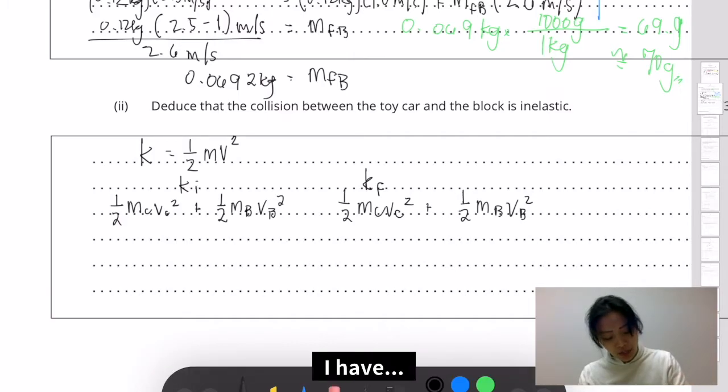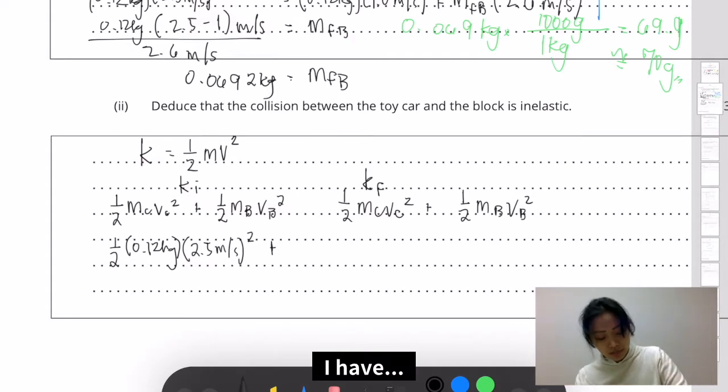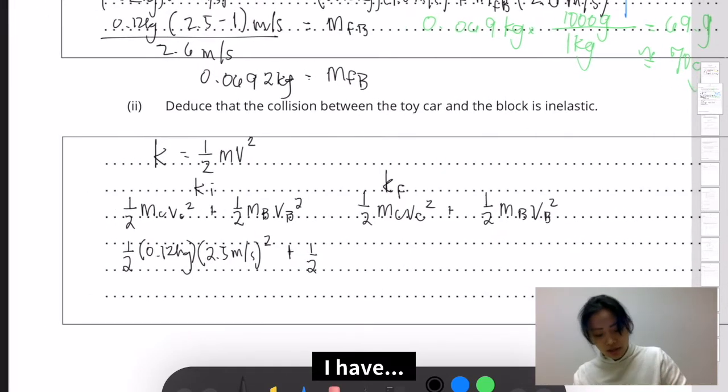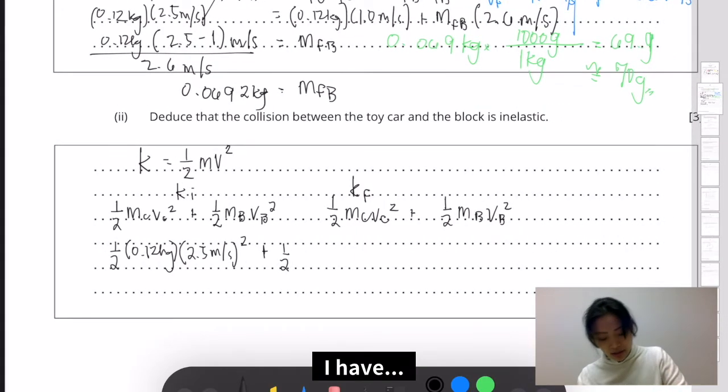I have 1/2 times 0.12 kilograms, initial velocity 2.5 meters per second squared, plus 1/2 times the mass of the block, 70 grams, which is 0.07 kilograms, times the initial velocity, which is 0.